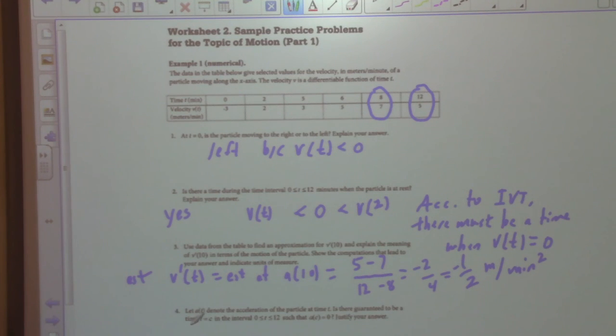Okay, it says let A of t denote the acceleration of the particle at time t. Is there guaranteed to be a time t equals c in the interval such that A of c is equal to 0? Justify your answer.